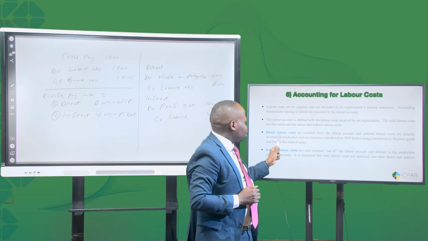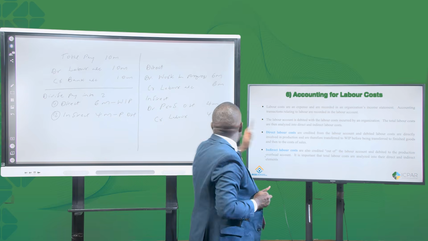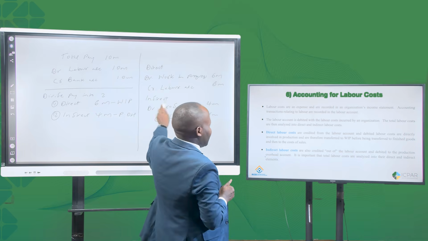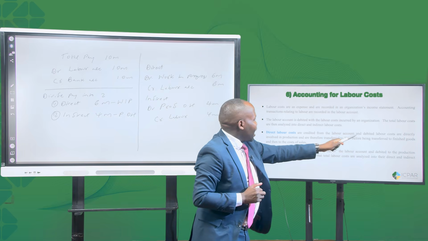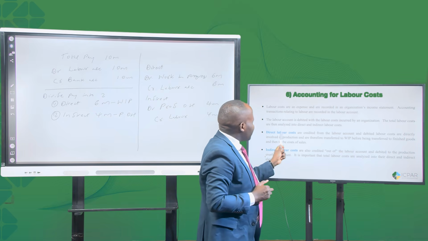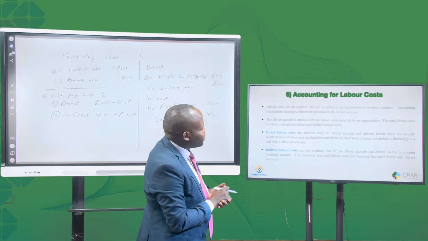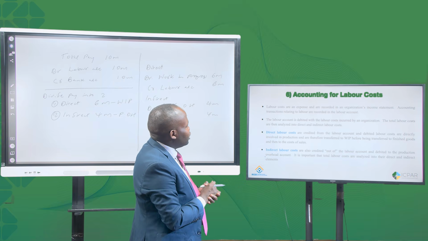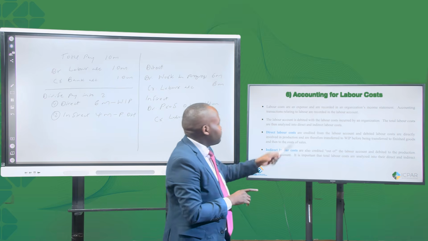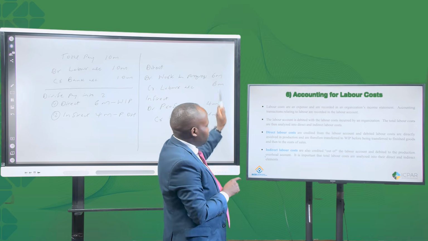For the direct, labor costs are credited from the labor account and debited to work in progress, because they are directly involved in production and therefore transferred to work in progress.